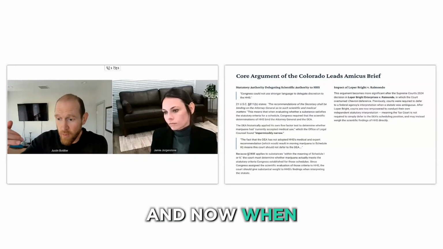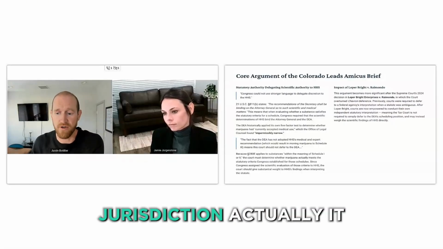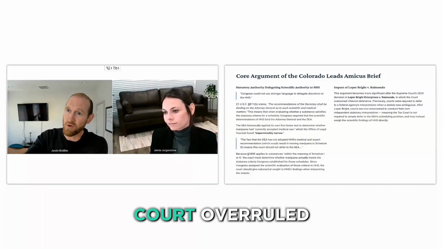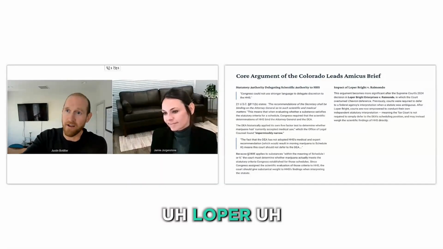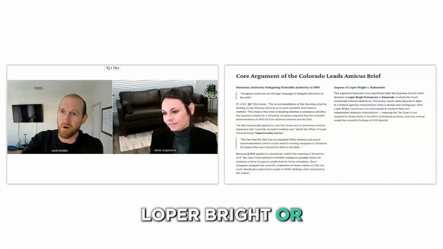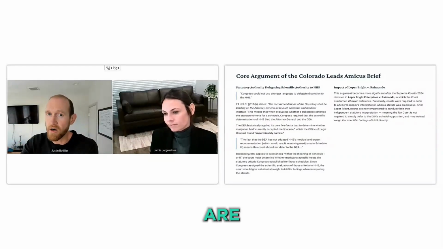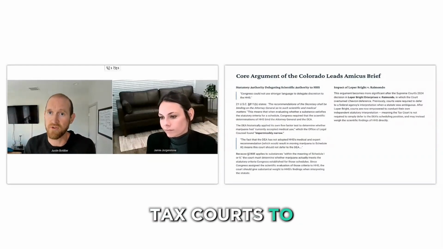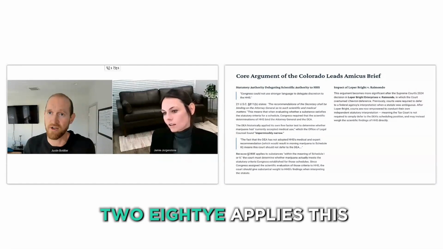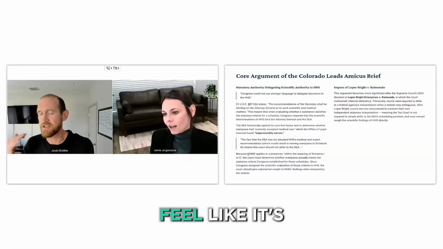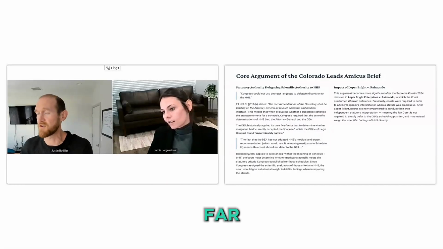And now when the IRS says, well, this isn't our jurisdiction, actually it is. The Supreme Court overruled Chevron deference in Loper Bright, and now we are looking to the tax courts to make the decision as to whether or not 280E applies. This is their jurisdiction. So I just feel like it's pretty flimsy so far, but go ahead, Jamie.